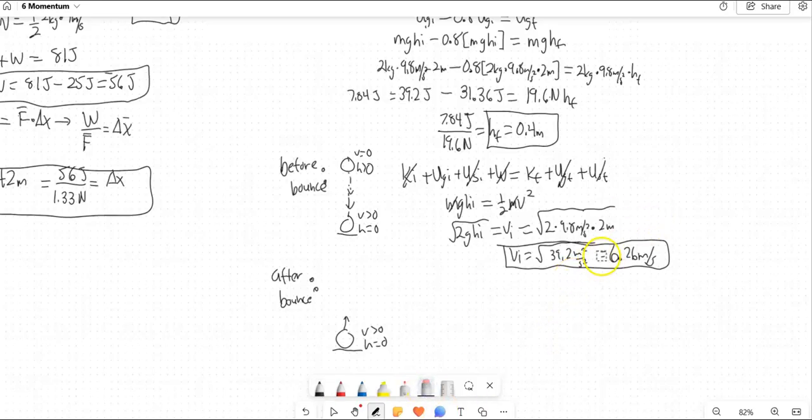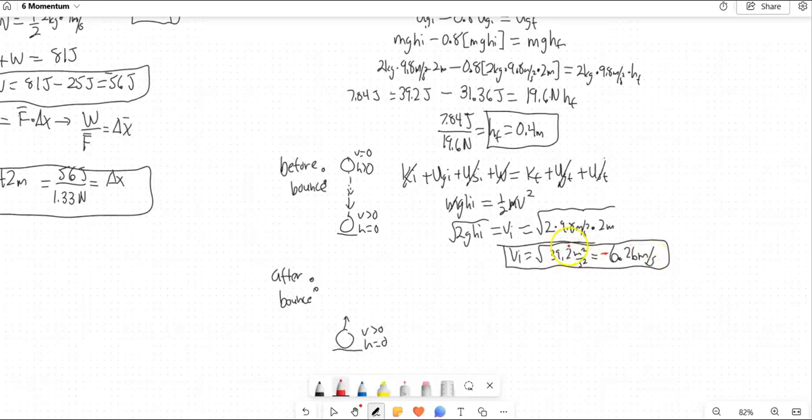And by the way, this is its speed, its actual velocity. I'm sorry, going back to this. Since it's moving downwards, we're going to have to add in a negative to this, right? Because it's traveling down at negative 6.26. So we're artificially adding that negative number. Okay, that's its velocity right before impact. It's traveling down at 6.26 meters per second.